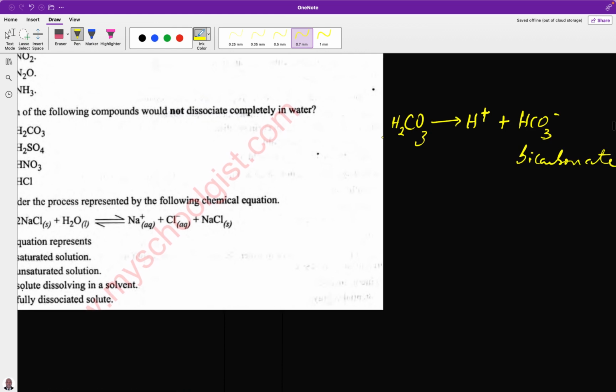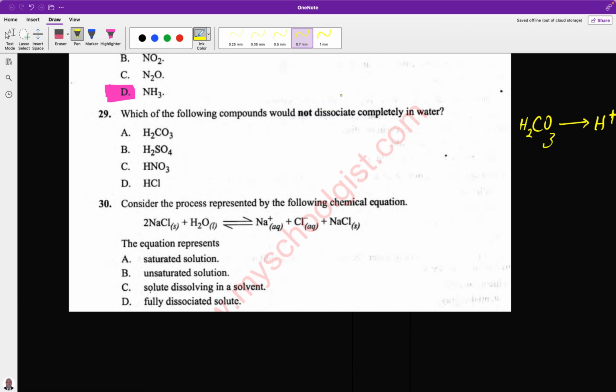That is HCO3 minus. So the question says which of the following compounds would not dissociate completely. B, C, and D would dissociate completely. They are all strong acids. This one will not dissociate completely.